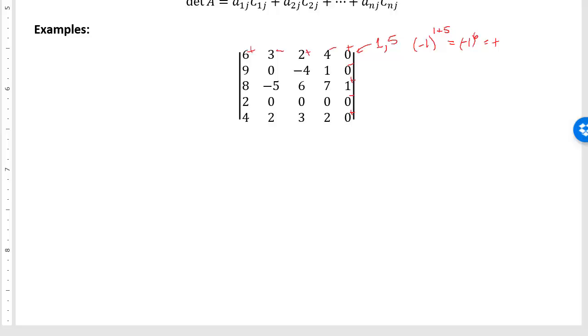Okay, so let's expand through this. We're going to get this to be equal to, well, 0 times, this would be A15, the first row and the fifth column. The expansion here isn't going to matter. Let's call it determinant.